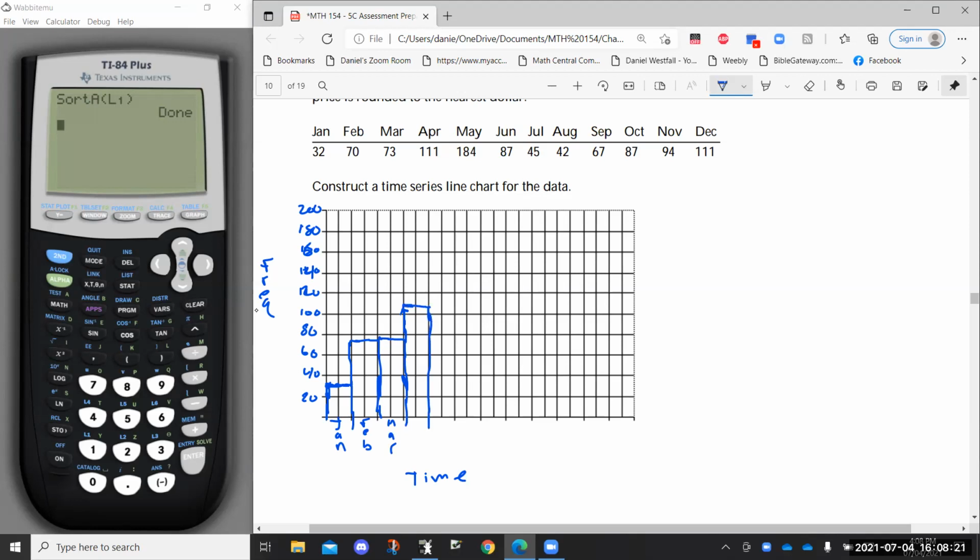And then 184. Wow, what a jump. 184 is up here. See how I'm just going to use this middle line as my tick mark. 87 here.